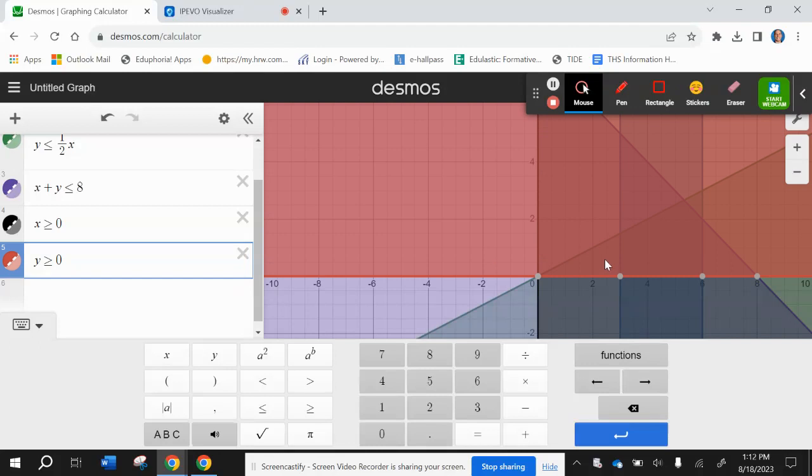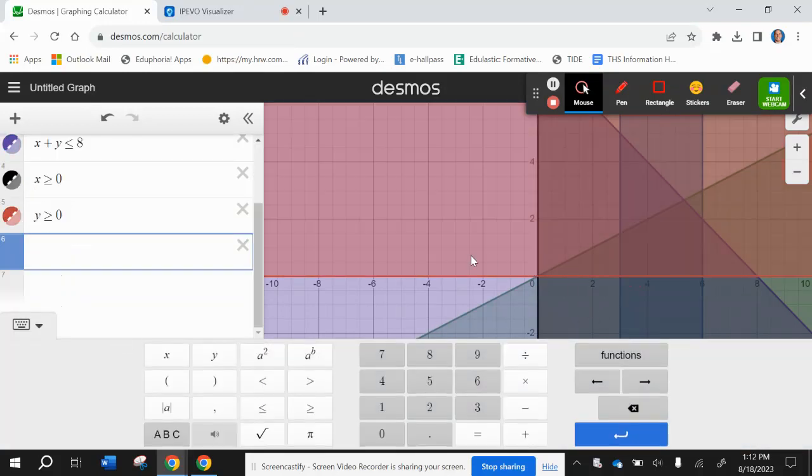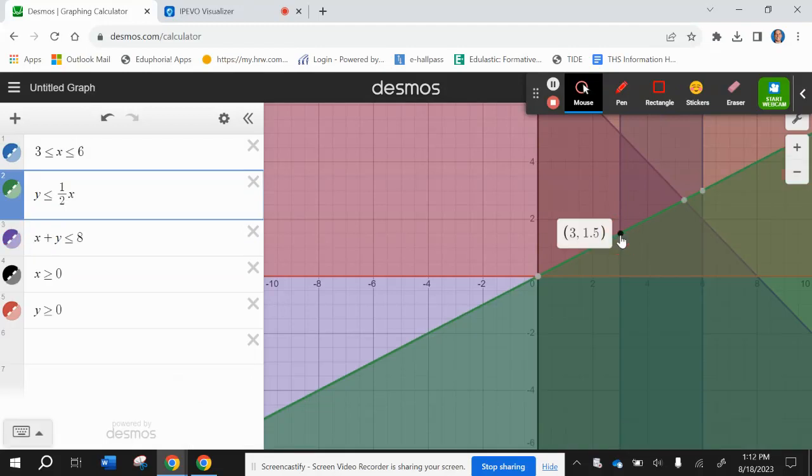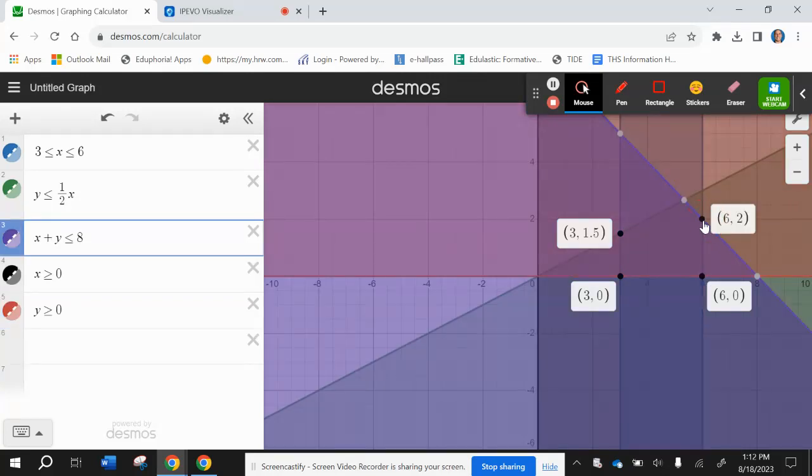Okay, so you can see here, here's your region. So we want this point, this point, this point, and this point.